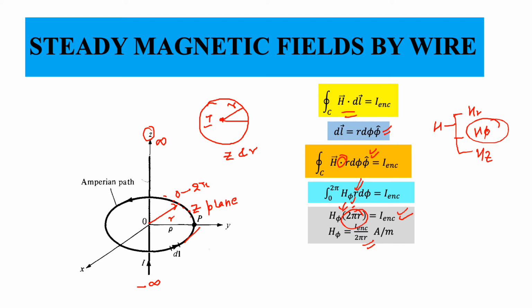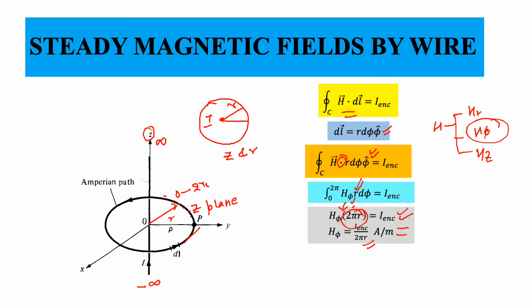So the magnetic field must form circles around the current carrying wire. Therefore it is given by I over 2 pi r. For a given value of r, the circular amplitude must be constant.